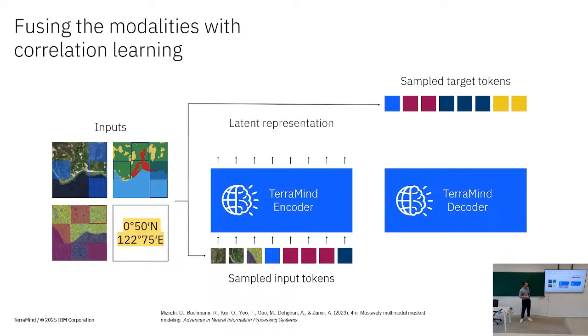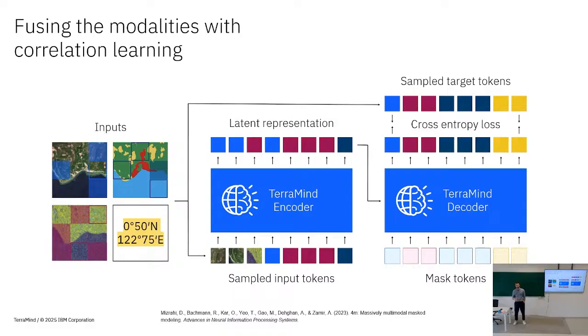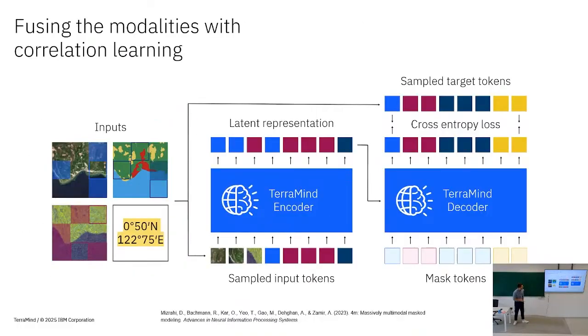And then we task TerraMind to first embed the input tokens in the representation. Then have mask tokens for the decoder for the areas that we're interested in generating. And then TerraMind has to predict those tokens for the areas we're interested in. So in that case, for land use, it would be those 3 rectangles. And we can compute a cross-entropy loss on that.